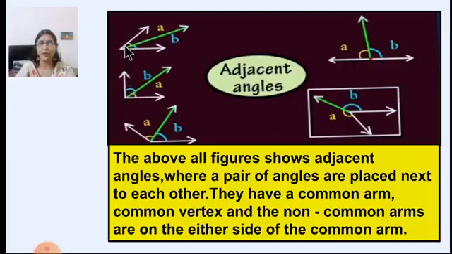The non-common arms are on either side of the common arm. This is the common arm and these two pink rays are the non-common arms, which are on either side of the common arm. So they are adjacent to each other.